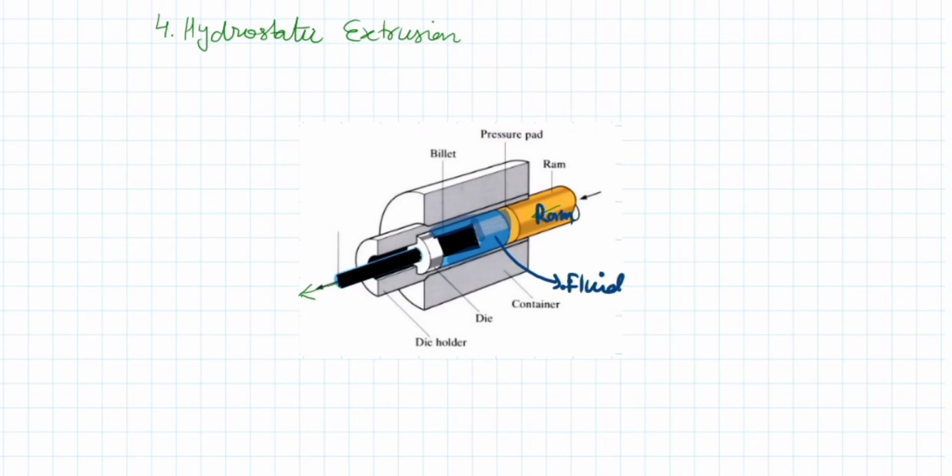So if I draw its front projection, this is the container, at one end of it we have the die installed. Then we have the die backer to support it, to fix it.